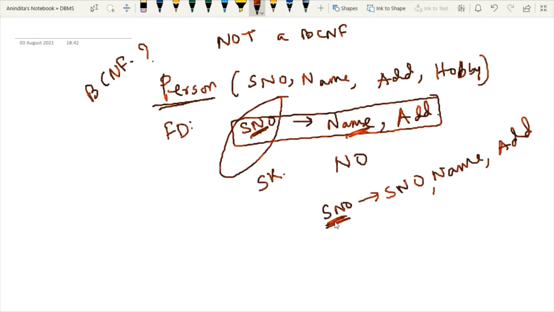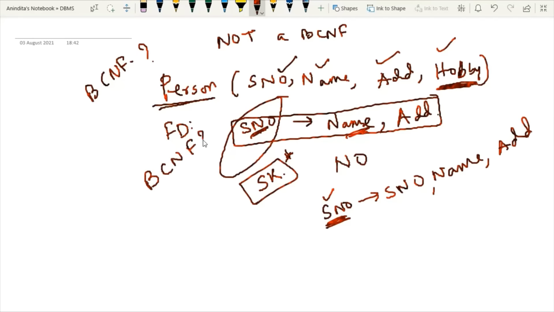But to be a key, all the attributes must be reachable, and from S number I will not be able to reach hobby. So I can prove that S number is not a key, meaning not a super key. If this condition fails, I can directly state that it is not in BCNF.